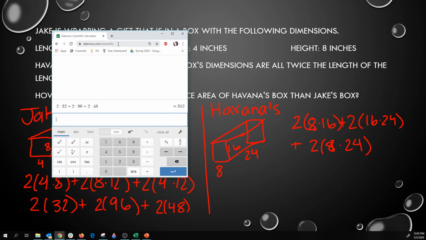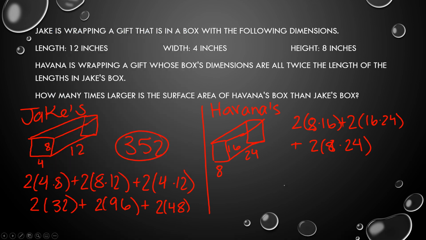So, let's see, I have 2 times 8 times 16 plus 2 times 16 times 24 plus 2 times 8 times 24, which gives me 1,408.